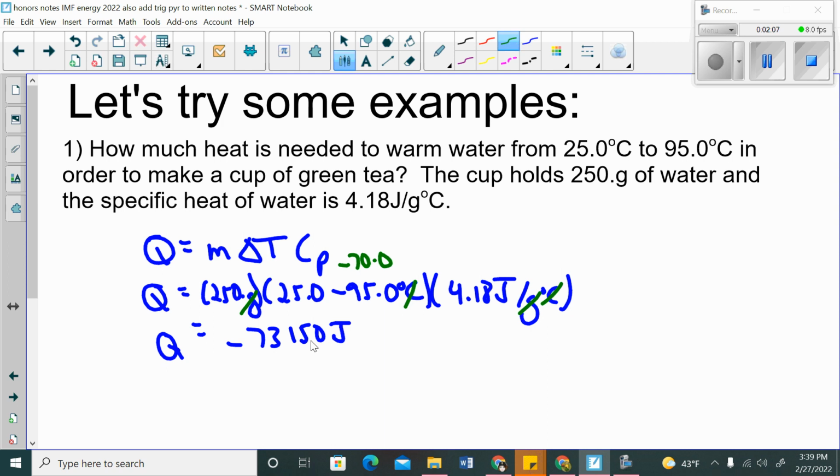So we have 4 in my answer, but there's 3 here, 3 here, 3 here. So you need to round this to negative 73,200 joules. And that should make sense. It's a good deal of energy in a hot cup of green tea.